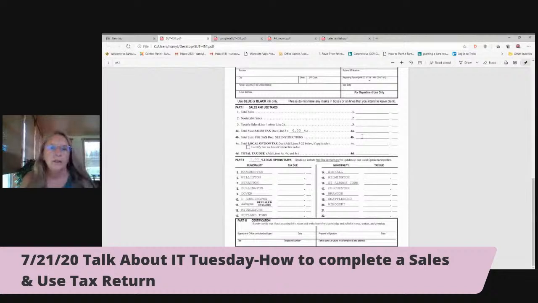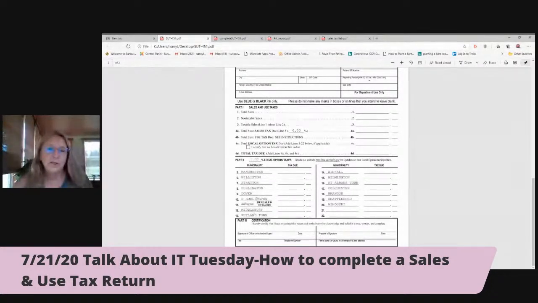Every once in a while, I go into New Hampshire and I stop at Staples because there's no Staples around here where I live. And I buy office supplies. Say I buy paper and toner for my printer. Those items would be taxable if I bought them here in Vermont. But because New Hampshire has no sales tax, I owe the use tax on the total of my purchases in New Hampshire. Yeah, fun.